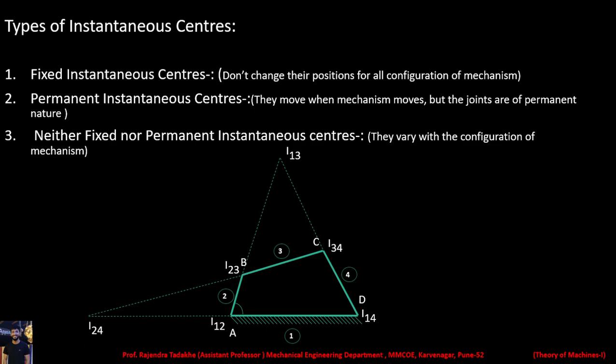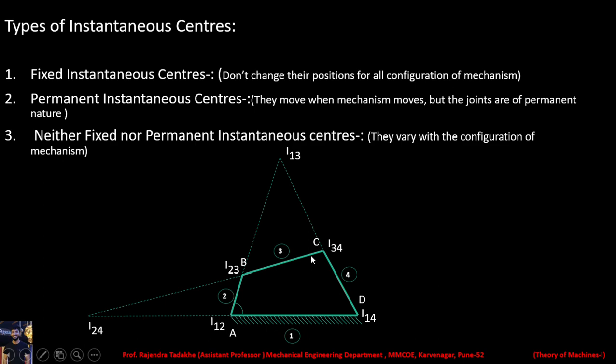Means for all the configurations, the position of I12 and I14 is not going to change at all. That is why it is called as the fixed instantaneous centers. And when it comes to the permanent instantaneous centers, for this mechanism I23 and I34 are termed as the permanent instantaneous centers. Then what is the difference between this fixed instantaneous center and the permanent instantaneous centers?